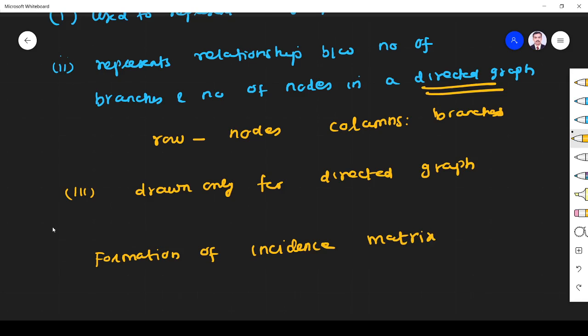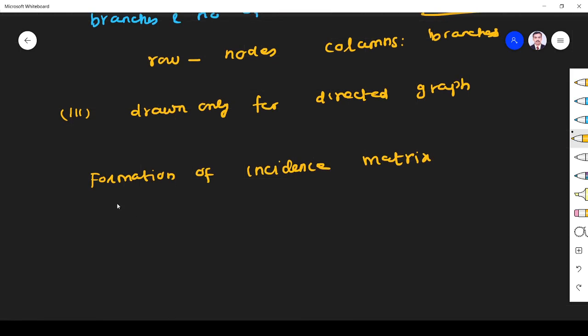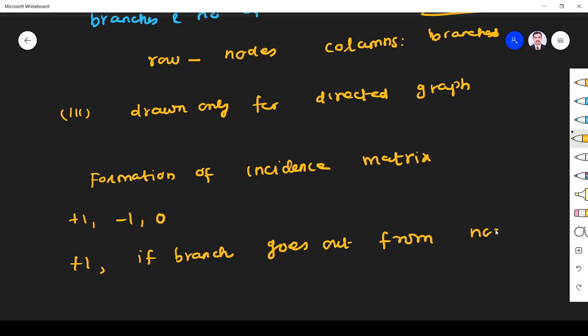How are we going to form it? The matrix contains entries of +1, -1, 0. These are the three entries of the matrix. +1 is entered if the branch goes out from the node.